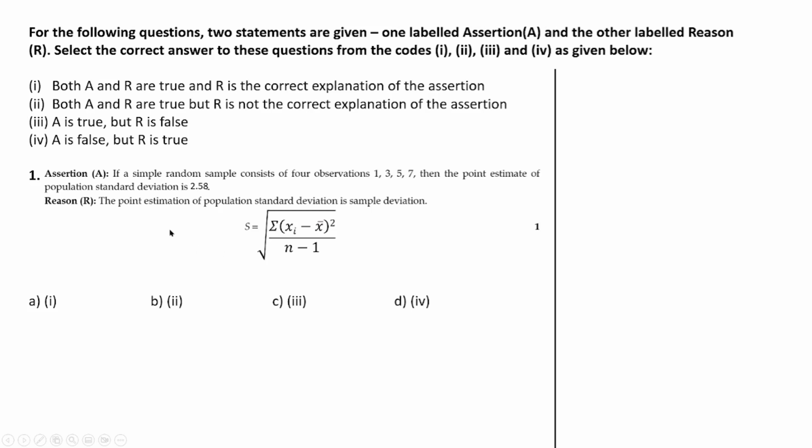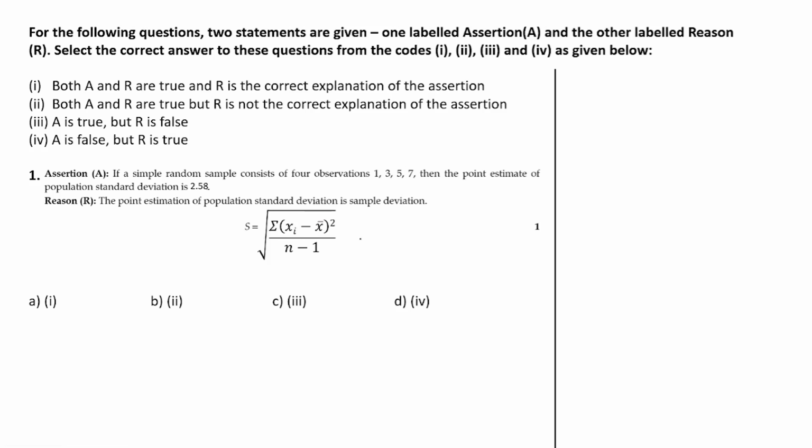So here we can see that the point estimate of the population standard deviation is given by the unbiased estimator of population variance which is S square. So the point estimate of population standard deviation is the sample standard deviation, root of summation xi minus x bar the whole square upon n minus 1.